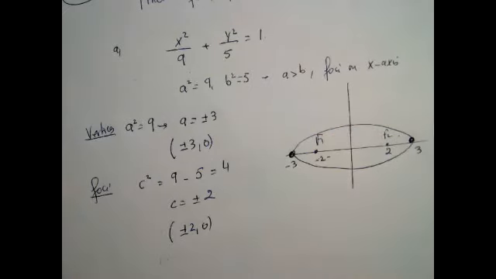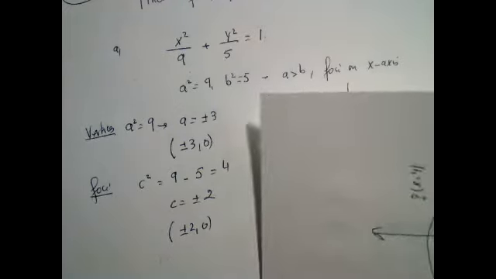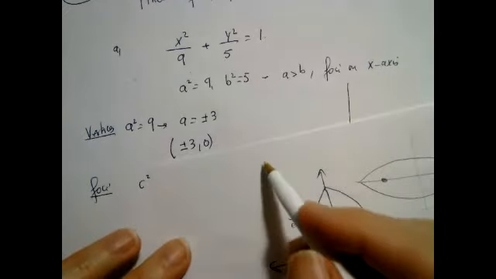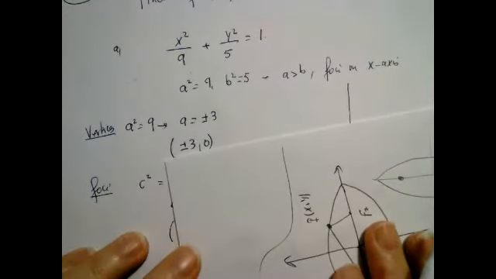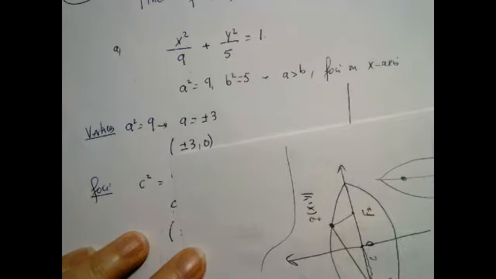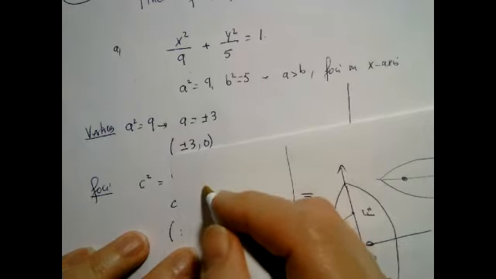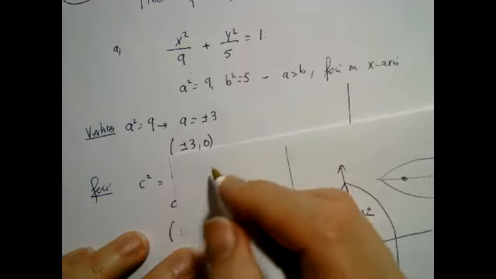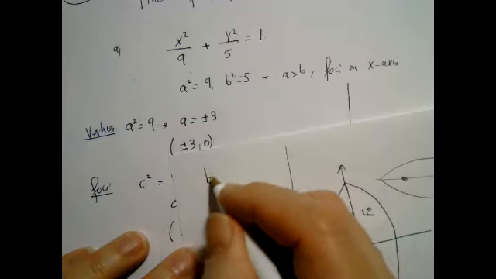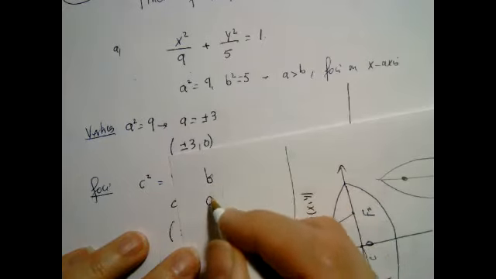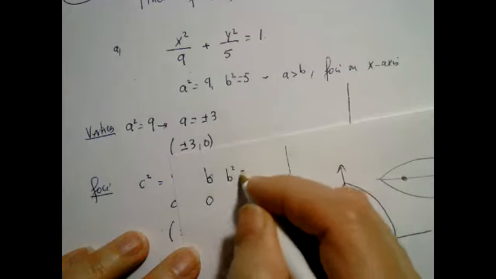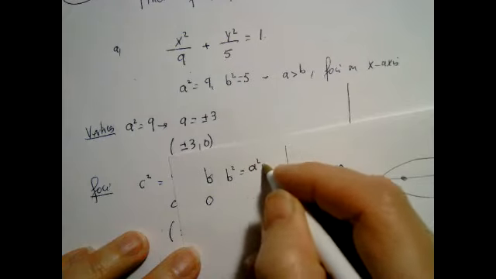Quick question. Where are you getting the c squared equals 9 minus 5? That's from the formula. If you remember yesterday, we actually built it. When I derived it, do you remember? Yeah, I remember it was like b squared equals a squared minus c squared. Right, when we derived it yesterday, we set b squared to be a squared minus c squared.